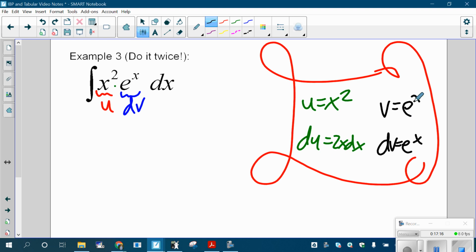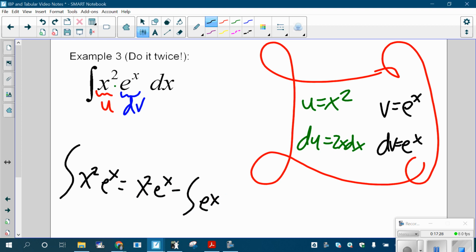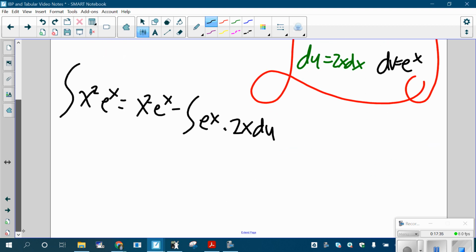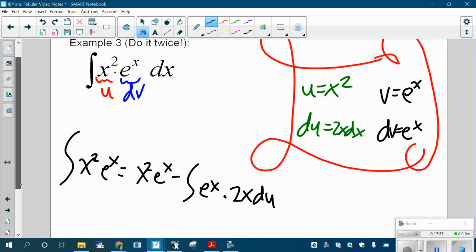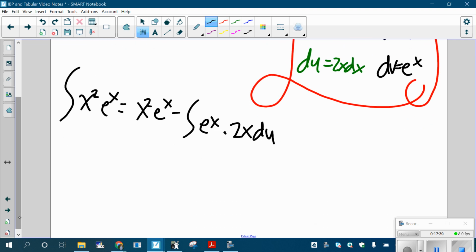And I'm going to use my formula: the antiderivative of u dv is u v minus the integral of v du. That should be a dx, I bet.